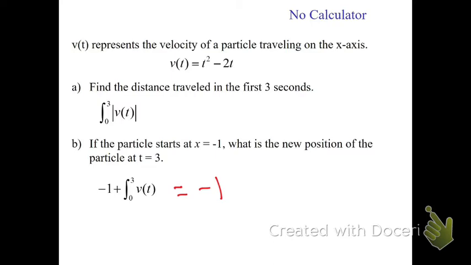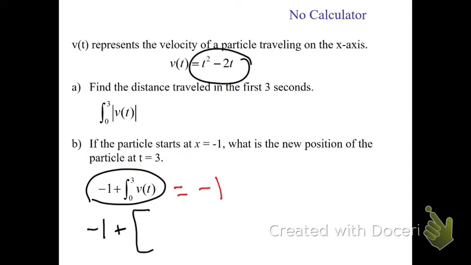Okay, now we're going to do that same problem, both of those. You have to know how to do both of those without a calculator. The second one is no big deal. You're just going to integrate like normal. So it's -1 plus, when I integrate this, I would get t cubed over 3 minus, add 1 and divide, minus t squared, evaluated from 0 to 3.